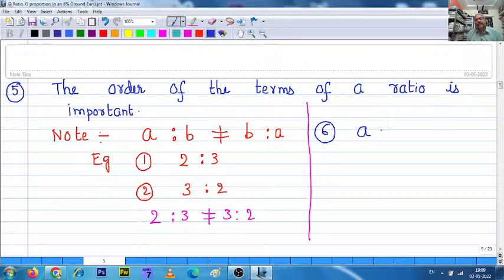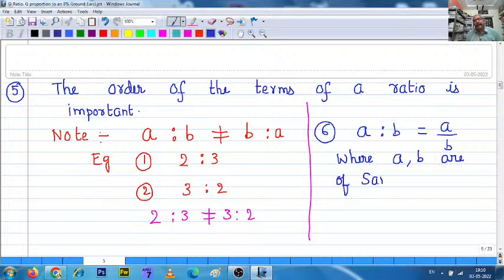One more thing, the sixth point you can remember. A is to B is the same as A by B also, which is nothing but a comparison of two quantities of the same kind by division. But here, the very important thing you must remember is that A and B are of the same kind, or possess the same units.